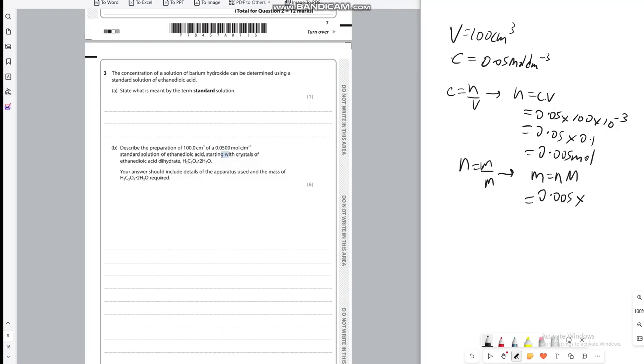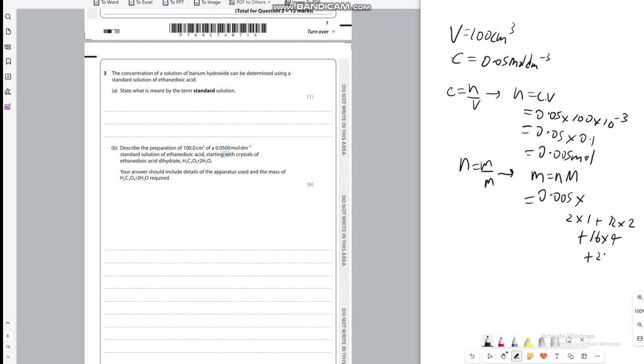We have to know the molar mass of the substance. Hydrogen has an atomic mass of 1, so it's 2 into 1, and carbon has 12, so 12 into 2, plus oxygen has 16, 16 into 4, and water: each hydrogen has 1, so there are 2 hydrogens, which is 2, and 1 oxygen, which is 16. 16 plus 2 is 18.